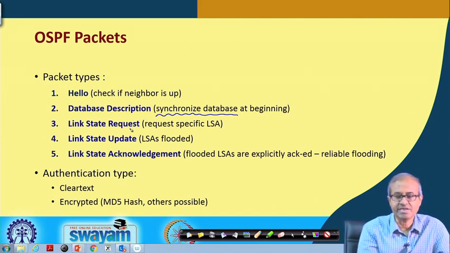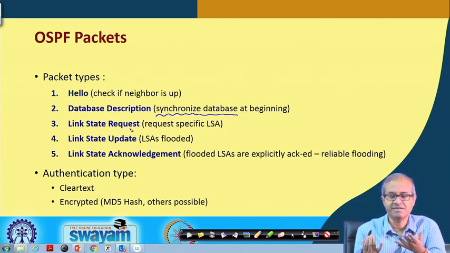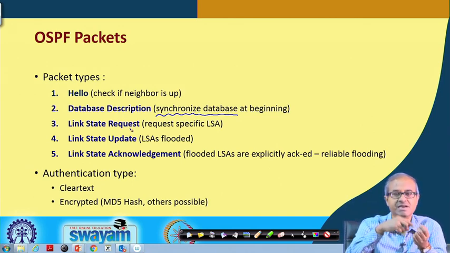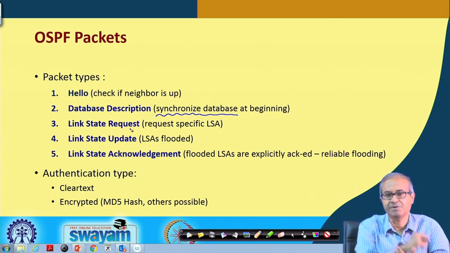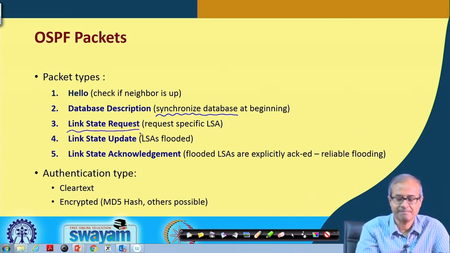Link state request: some router might, due to some reason, have lost its routing table. It might specifically request link state information from some other router. This is called link state request.